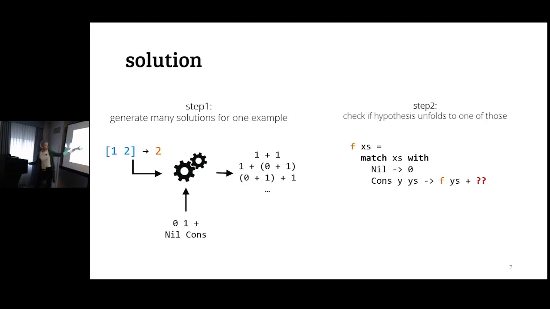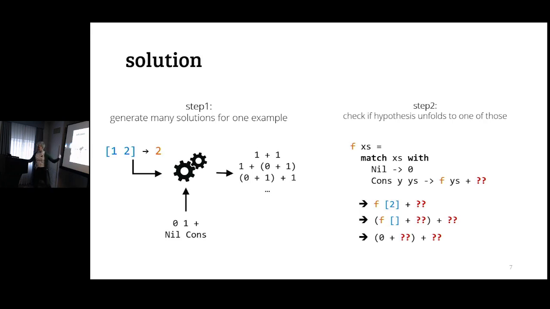So here we're like, oh, okay, our input is 1, 2, so we're going to take the second branch of the match, right? So we get this expression that has itself a recursive call. Here we again take the second branch. Now we take the first branch. So we unfolded it to this expression here that still has some holes in it. And now we see, does that match anything here?